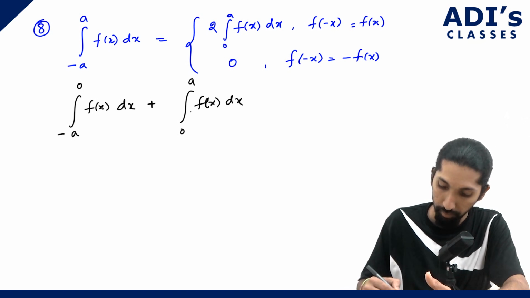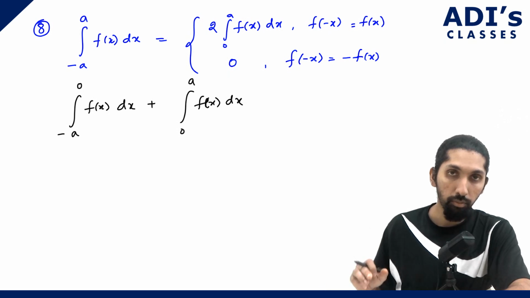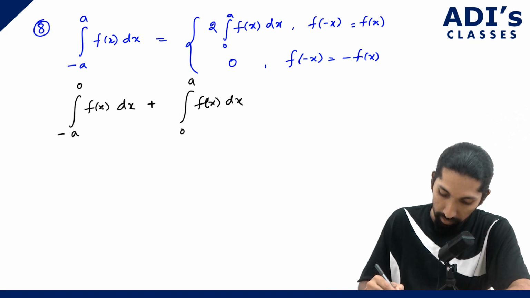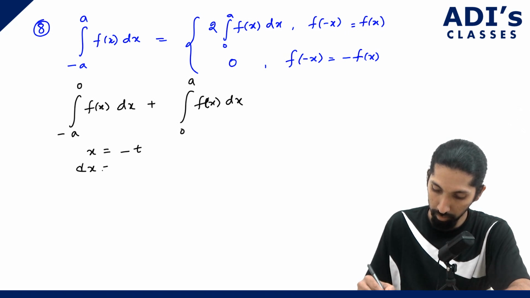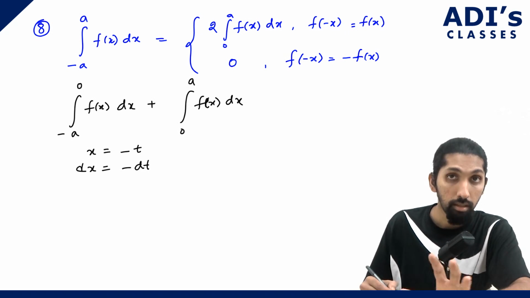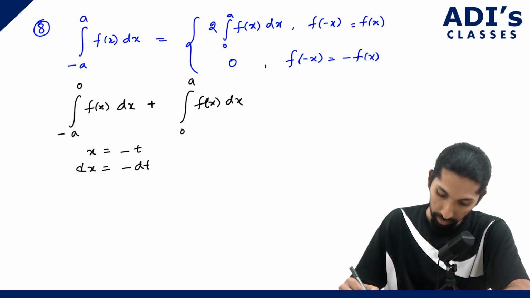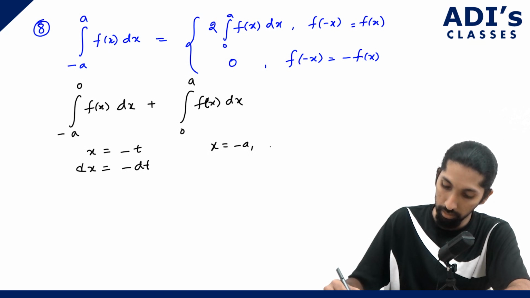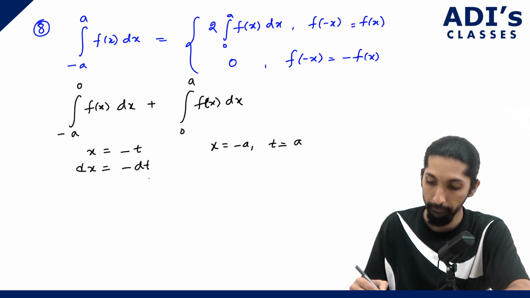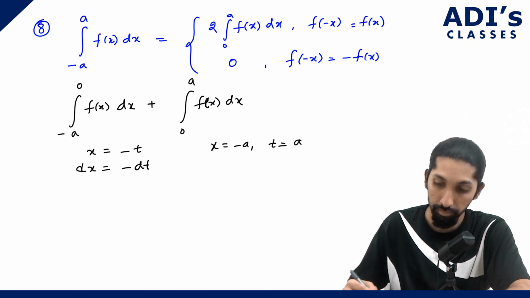In this one, what you do is take x is equal to minus t. So dx is equal to minus dt. The limits will also change. When x is equal to minus a, t will be equal to a, because minus of minus, no?